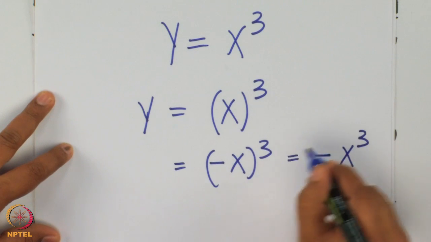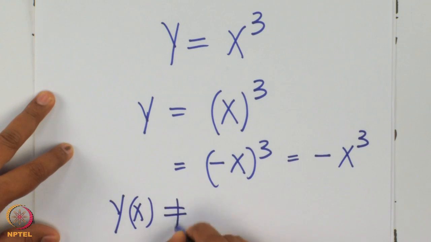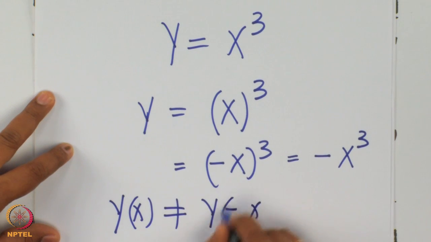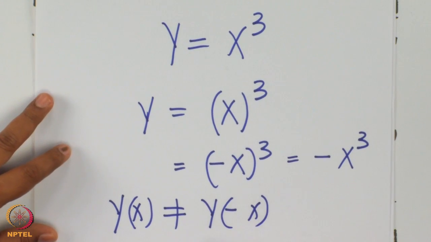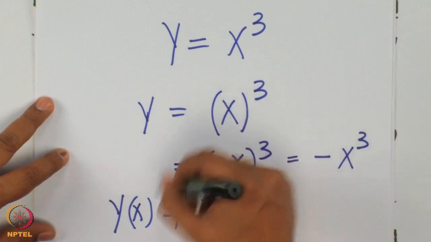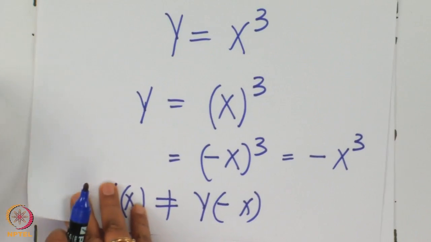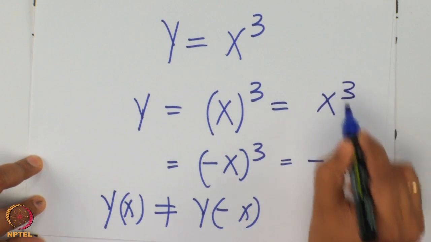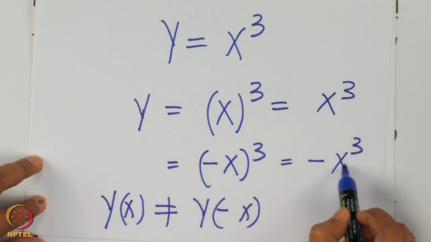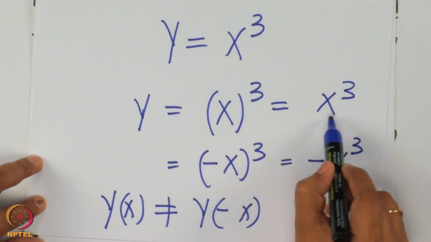So they are not equal. y of x is not equal to y of minus x here when y is x cubed. Rather, interestingly, this is minus x, so this is minus x cubed. So y of minus x is minus y of x.